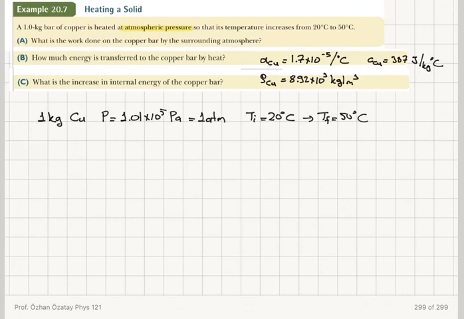As a result of this, what will happen? There will be thermal expansion, so the volume of the copper will change.